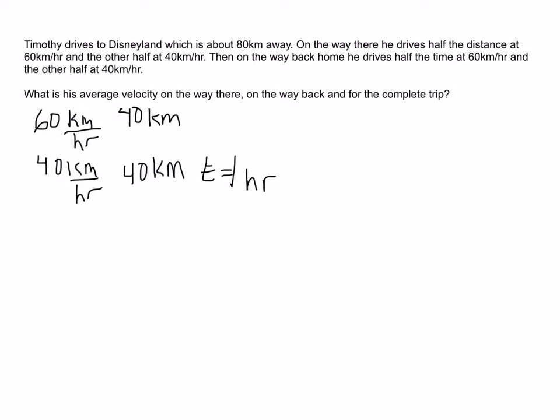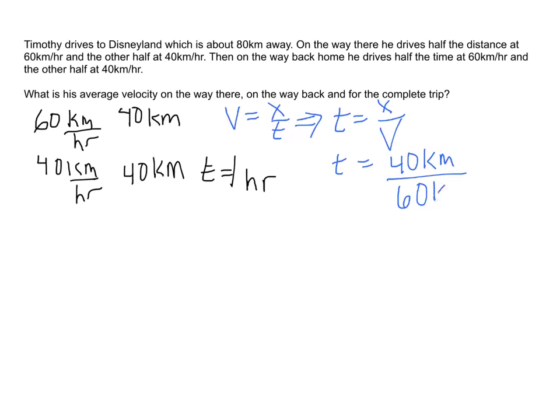But this one up here, the other one, we're going to do a little calculation. I know that v equals x over t, and that translates into t equals x over v. So I'm going to substitute those two things in, and I get t is equal to 40 kilometers over 60 kilometers per hour.